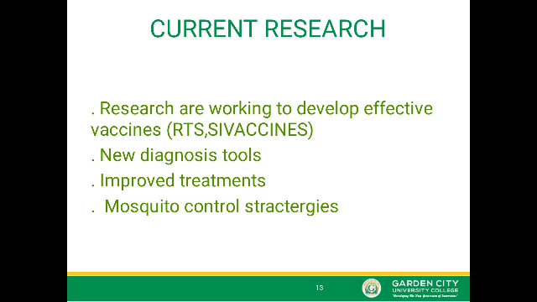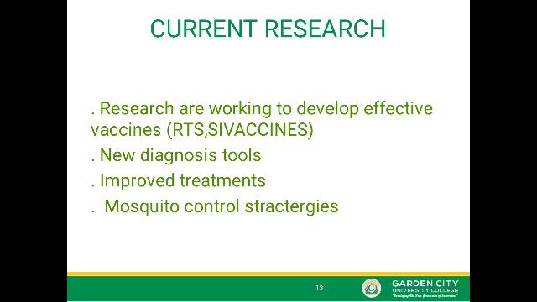People just feel the signs and symptoms in their homes, then they begin to treat malaria by themselves, not going to any facility for proper management. So current research is working on how far education can go for our people, for the community, for the country to improve such conditions.